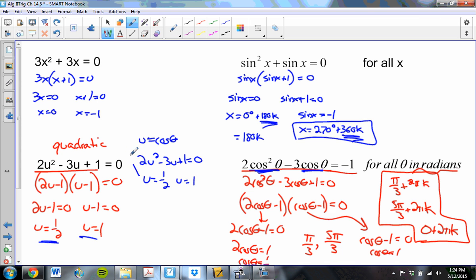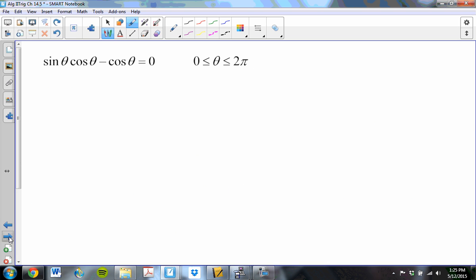Then go back and plug those u's back in, so we get that 1/2 equals cosine theta, and that 1 equals cosine theta. And this is kind of just a head game. You would then solve this from here, you'd go on. Kind of just a head game to not have to deal with the cosines yet. Just basically, let's get rid of the cosines, let's make it some u, and move on from there. You'll actually need to do this later in places like pre-calc and calc, but it's a good thing to get familiar with here.